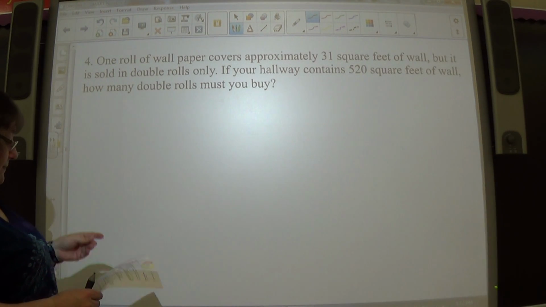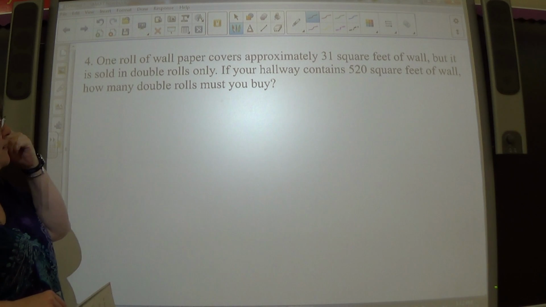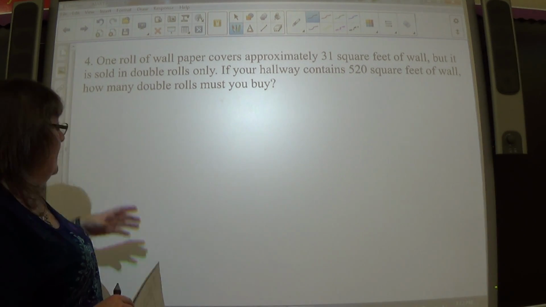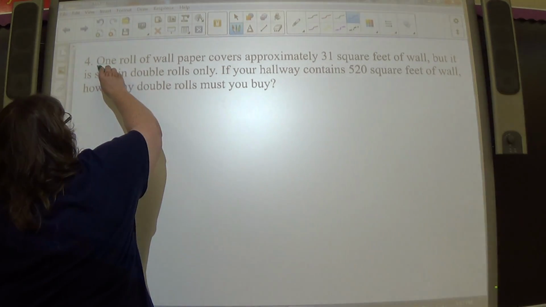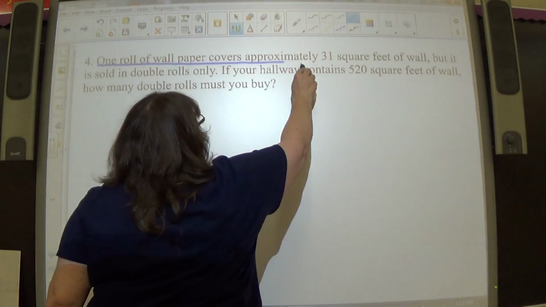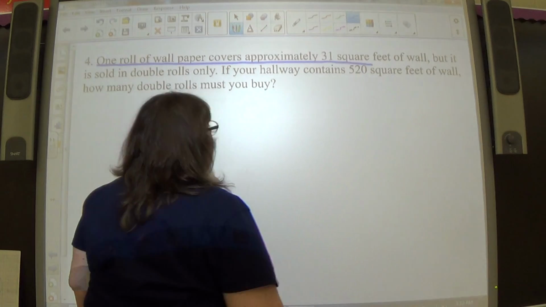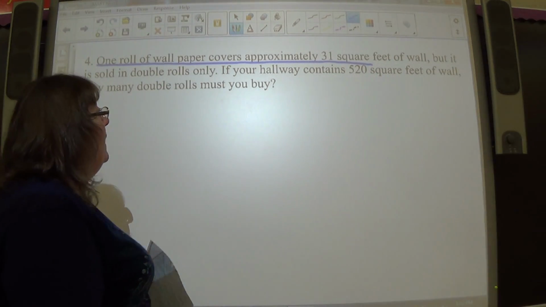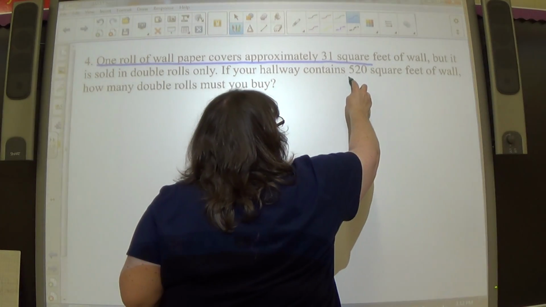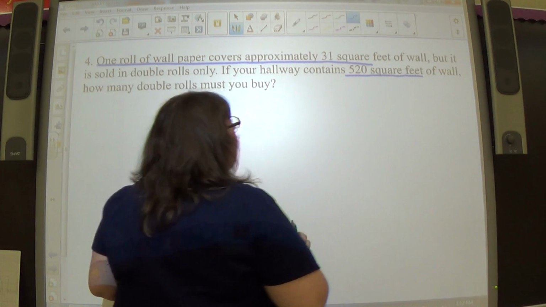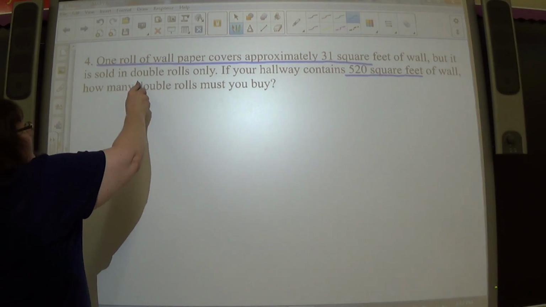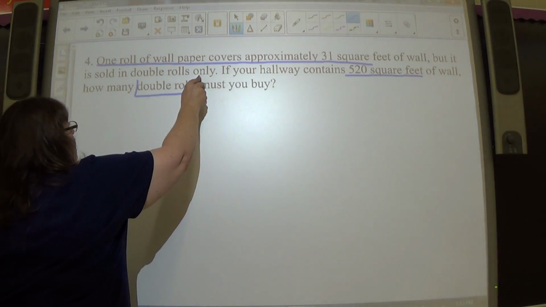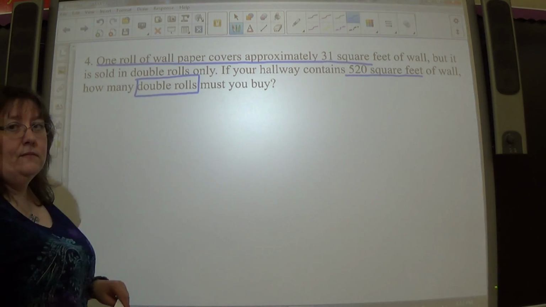Number 4. This one can be a little difficult in some ways because you have to take into account one roll of wallpaper covers 31 square feet. Okay? But you're looking at your hallway is 520 square feet, and you need double rolls.